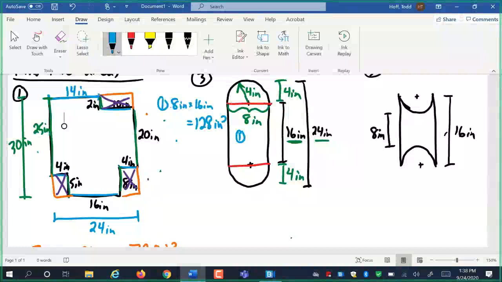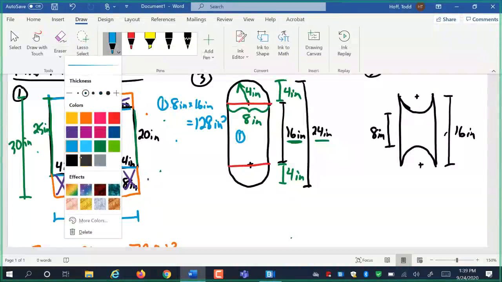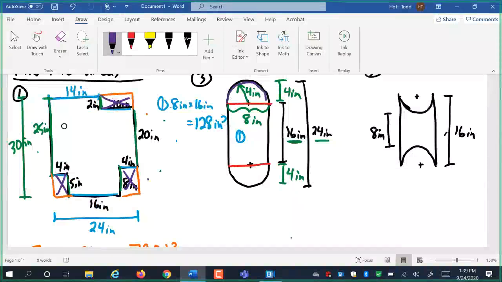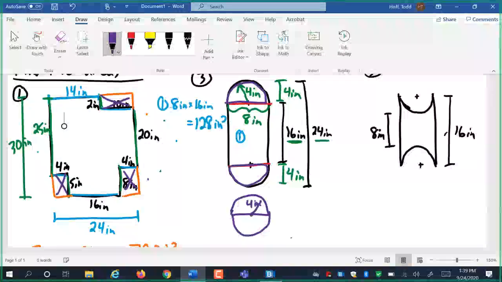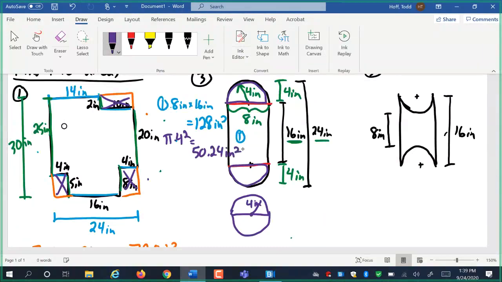The second shape I'm going to do is to take both of these half circles and move them and put them together to make one full circle with a radius of 4 inches. So the area of that one full circle is pi times 4 squared, otherwise known as 50.24 square inches.